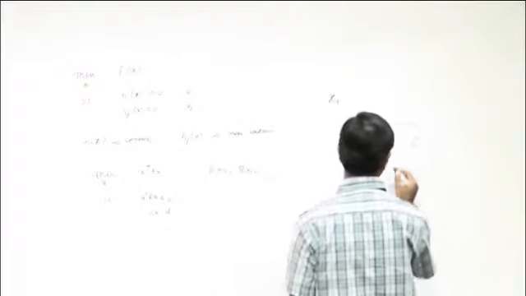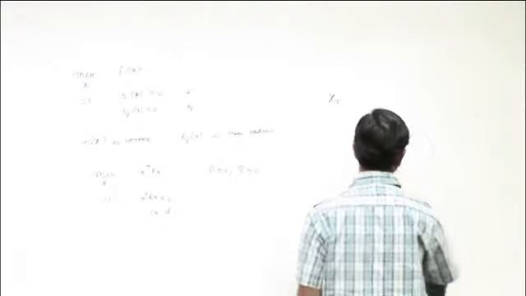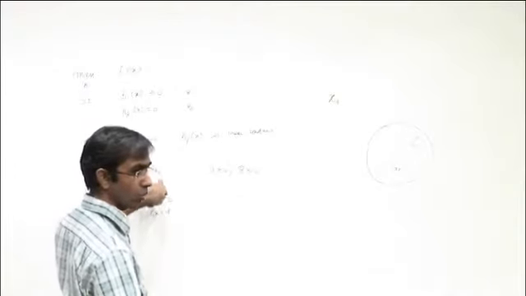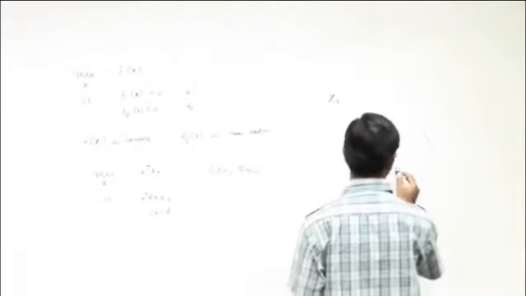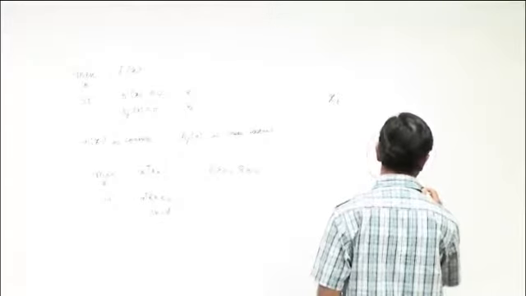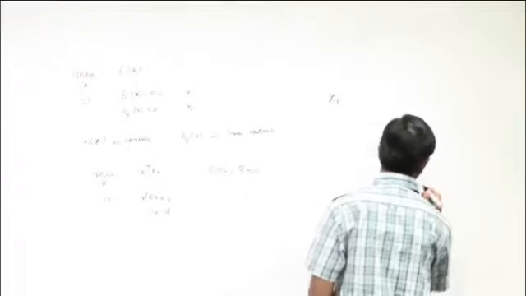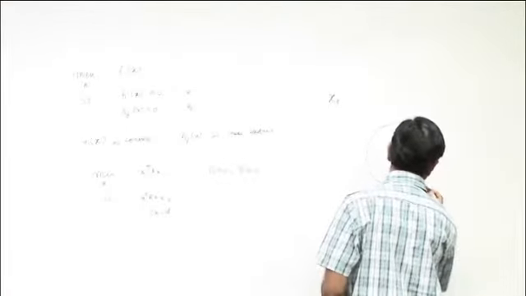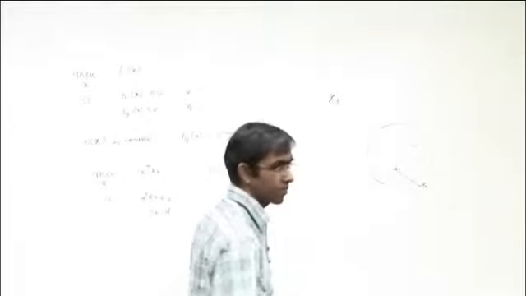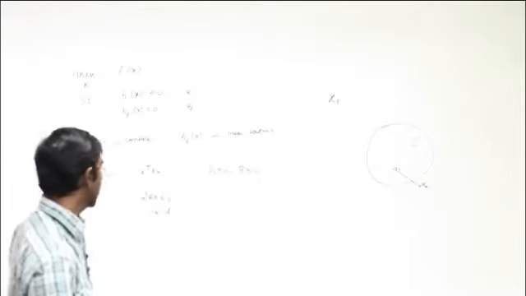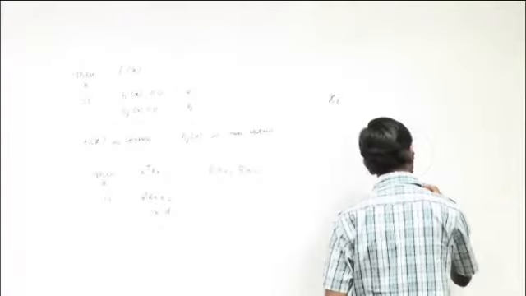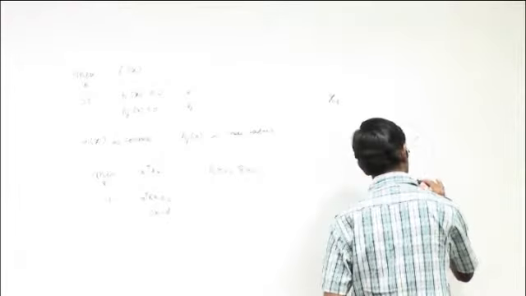Initially xt is somewhere here. Now I take a step in the direction of the gradient of this function, since I want to minimize it, and what can happen is that my next point xt plus 1 can go out of the convex set. So a simple way to handle this problem is to project xt plus 1 back to this set.